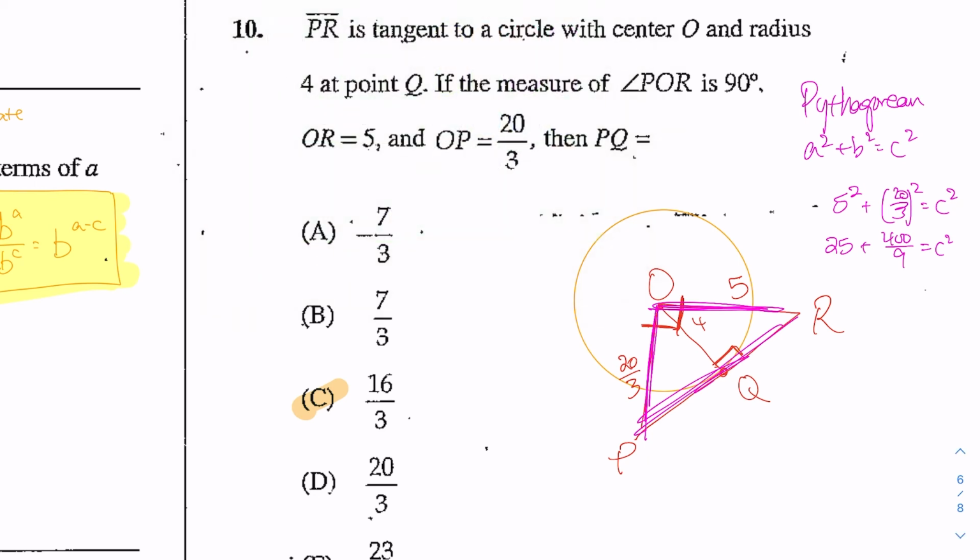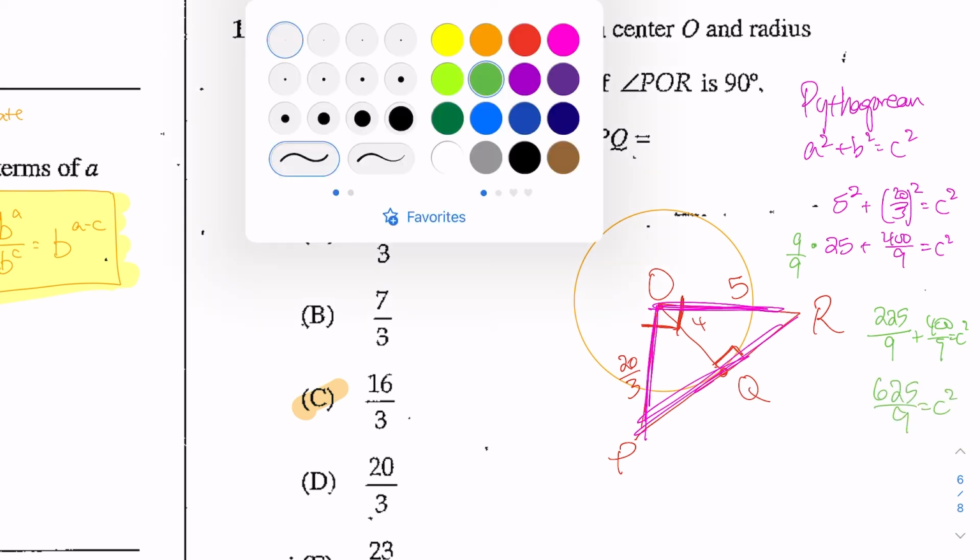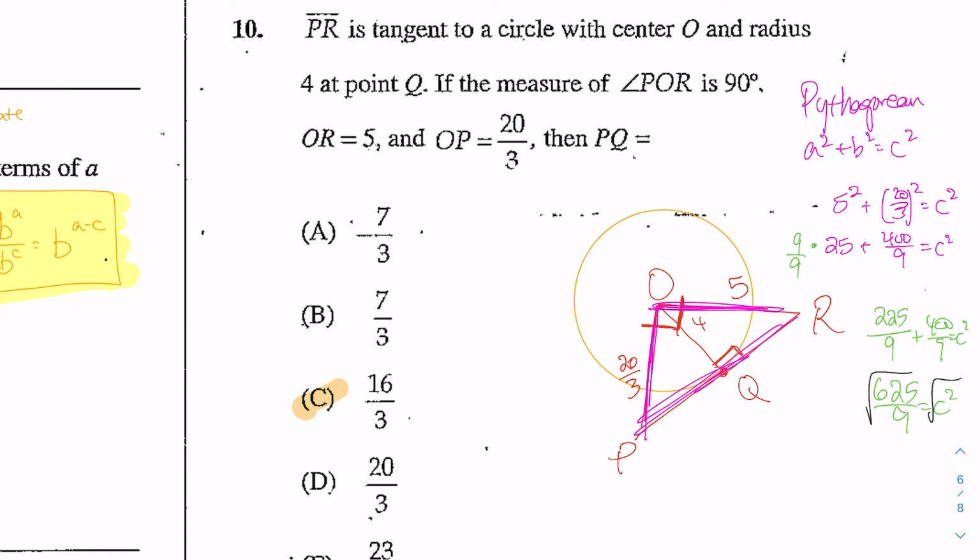You can rewrite 25 if you multiply by 9 over 9. This is going to be 225 over 9 plus 400 over 9 is equal to c squared. And 400 plus 225 is 625 over 9. So if we do the square root on both sides, both the numerator and the denominator are perfect squares.